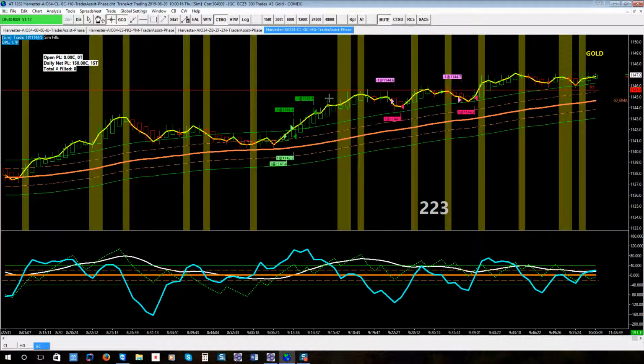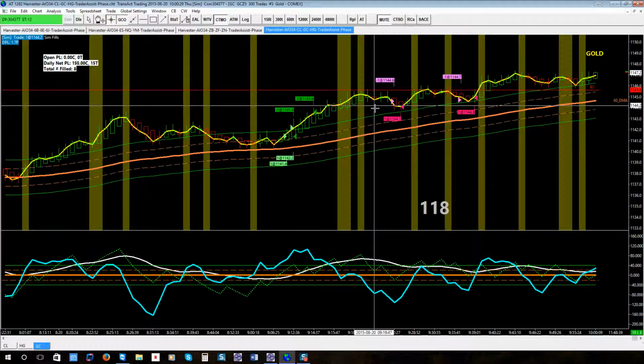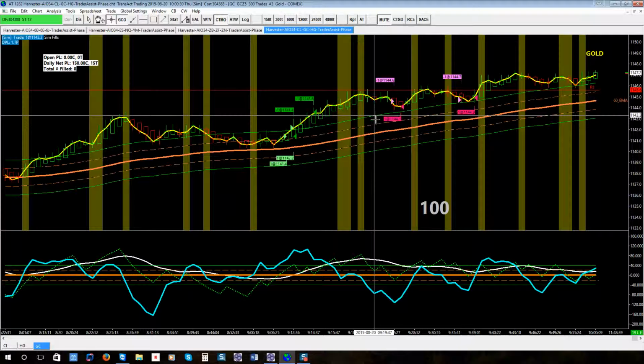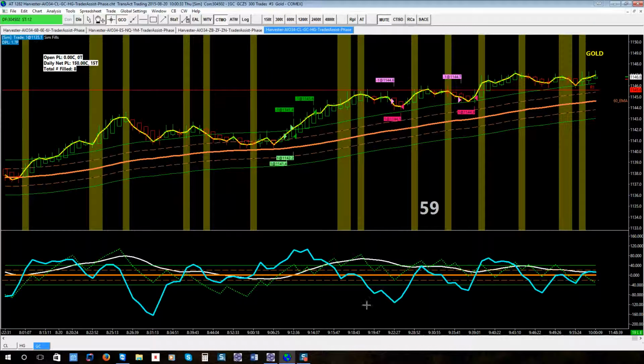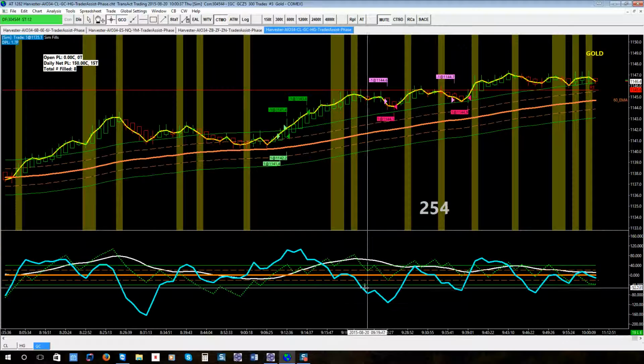So I could have gotten more of this profit, but I've got to watch it, because if I let it go any further, I would have gotten out at the same place I would have gotten out earlier here. So that's it. And here for the short, that was profitable too, but it's weaker.